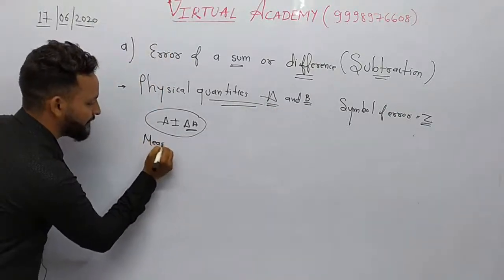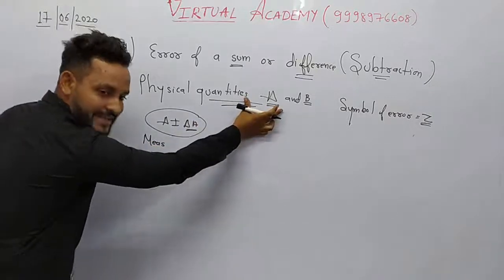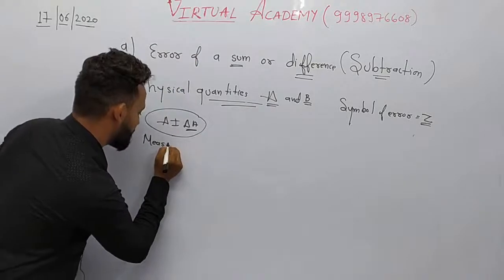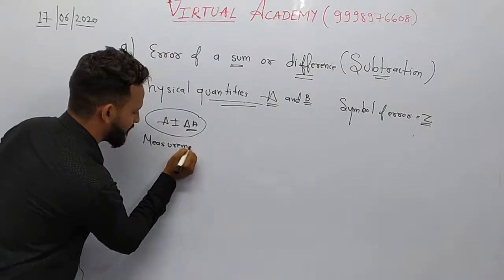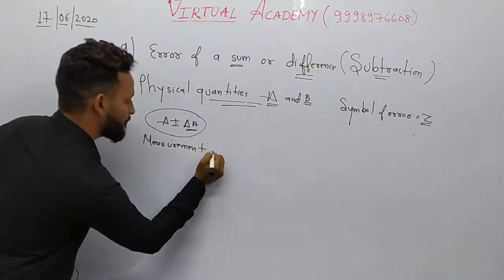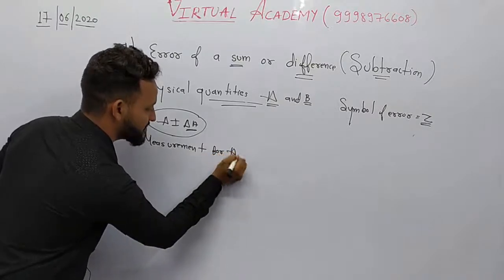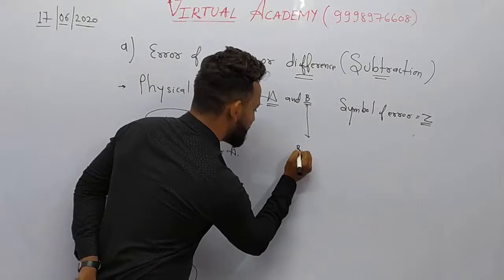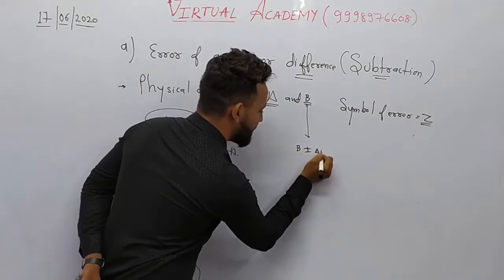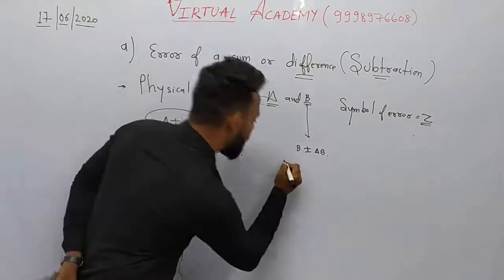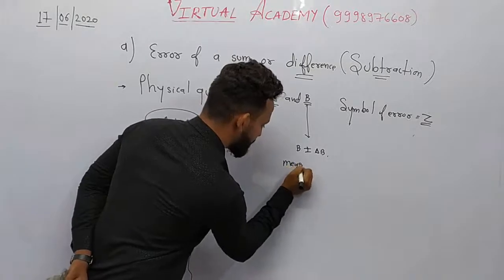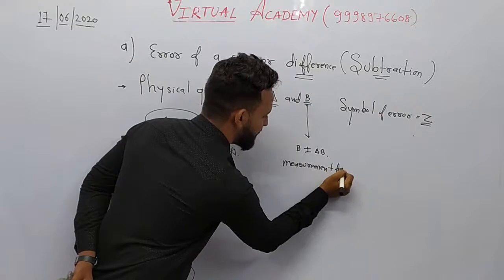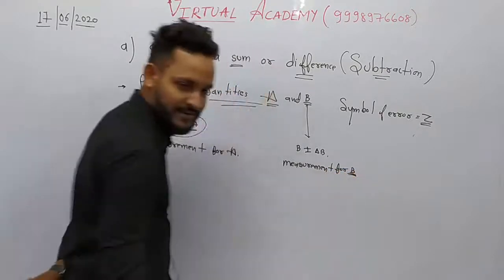It is B plus and minus delta B. It is the measurement for physical quantity B. Clear student?